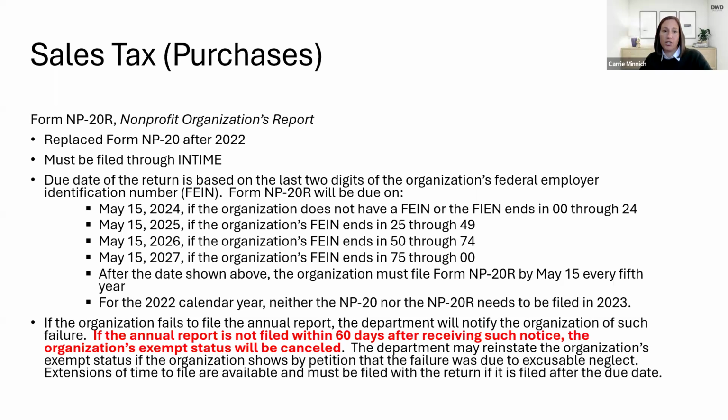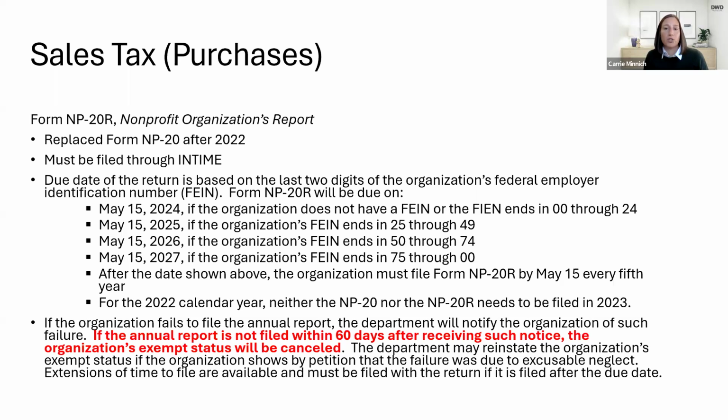This is one of the things that has changed. So in July 2022, they said, okay, we're not doing this anymore. No more NP 20. Instead, we are going to file NP 20R, and we are going to require it to be filed electronically through InTime. So your organization needs to file this form through its InTime account, and it's going to be filed every 5 years instead of every year.